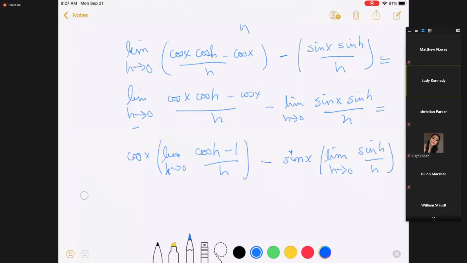We are taking the limit as h goes to 0, sine of h over h is 1. And we just showed this limit is 0.